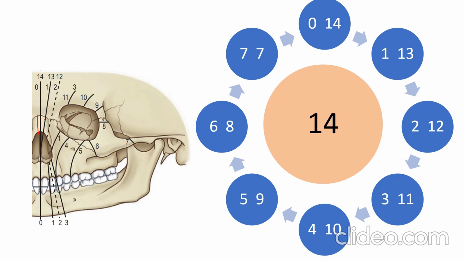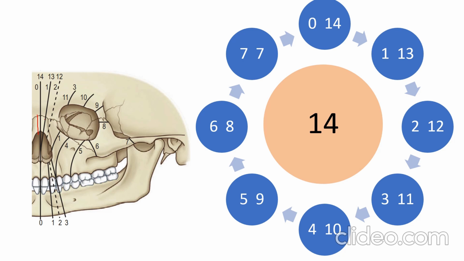The midline cleft consists of 0, which is in the maxillary region, and number 14 in the frontal region, that is, 0 extends cranially to make number 14. And you have number 30 in the lower part, which is mandibular involvement. So 0, 14 and 30 make the midline cleft.